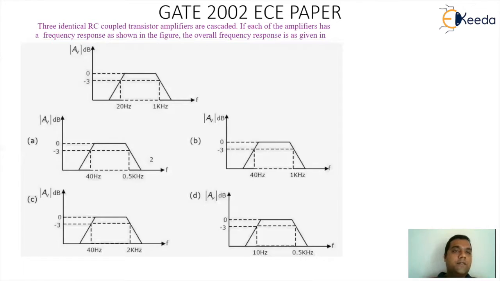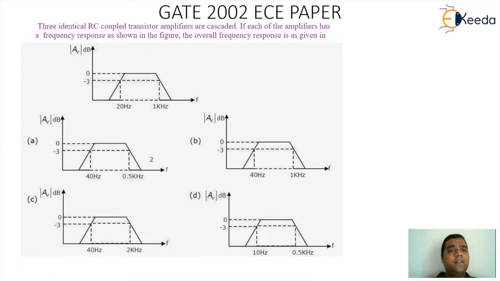Let's take a question. This is from the GATE 2002 EC paper, and the question is: three identical RC coupled transistor amplifiers are cascaded. If each of the amplifiers has a frequency response as shown in the figure, the overall frequency response is given in.